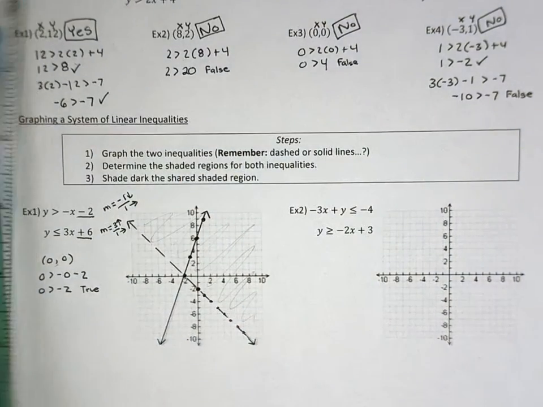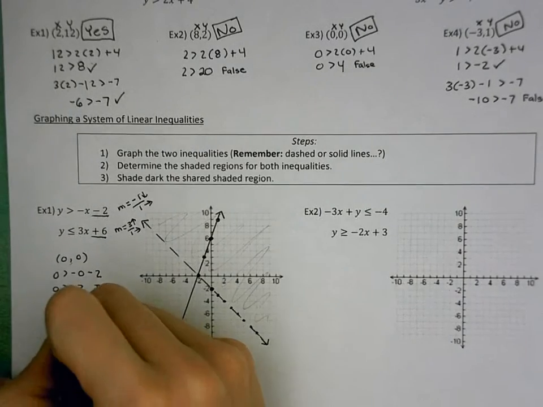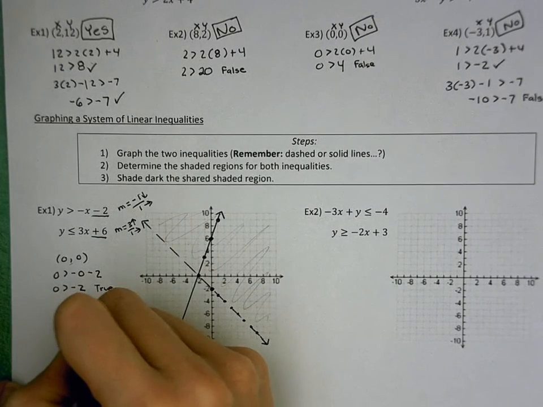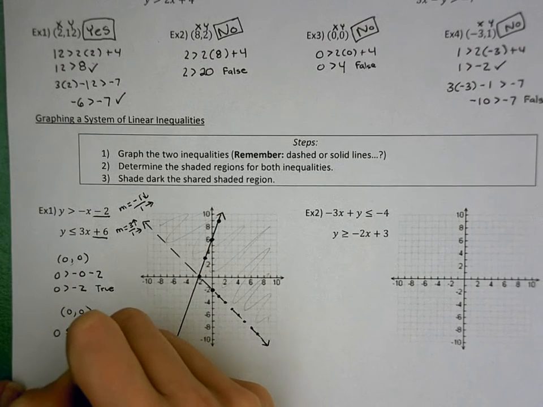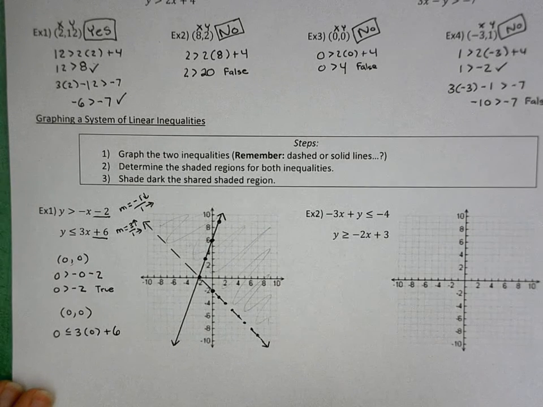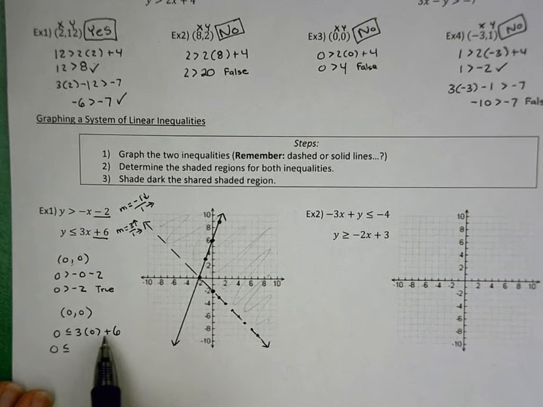Okay, so then same thing, we need to test a point. 0, 0 is also not on this line, so I'm going to go ahead and test 0, 0 again. And we have 0 is less than or equal to 3 times 0 plus 6. Okay, and 3 times 0 is 0, plus 6 is 6.